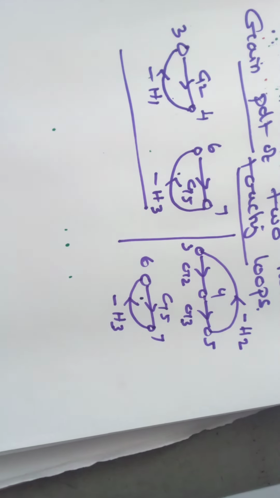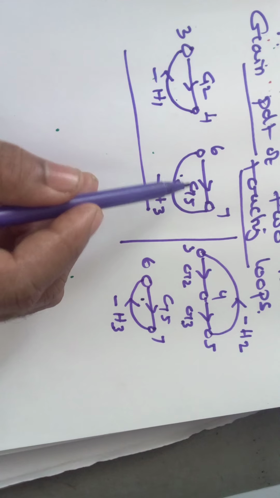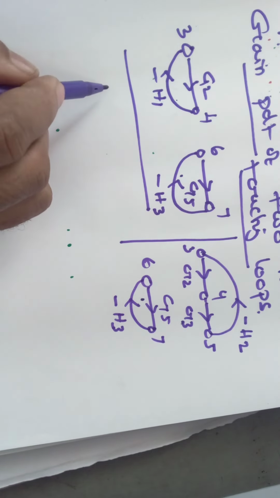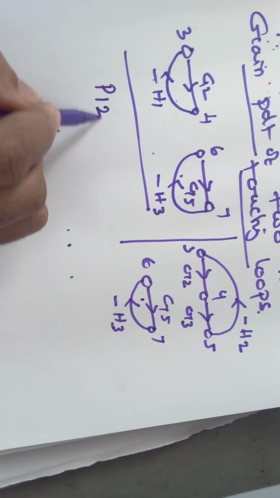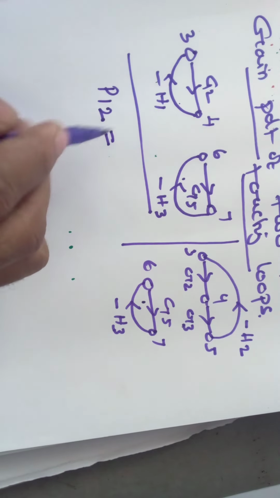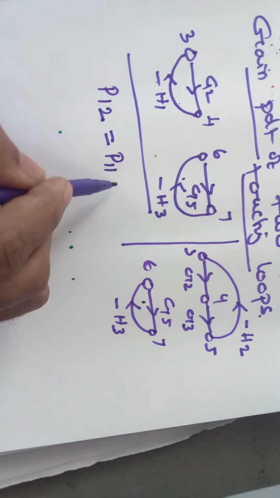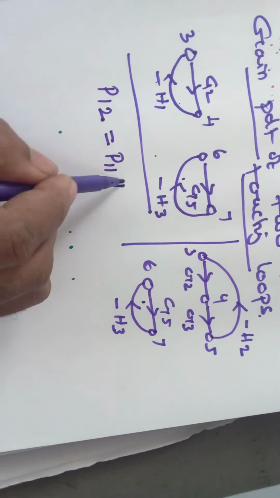Now let us write the gain product of the first combination of the two non-touching loops. This can be written as P12. The individual loop gain for the first loop is P11, and for the third loop the individual loop gain is P31.